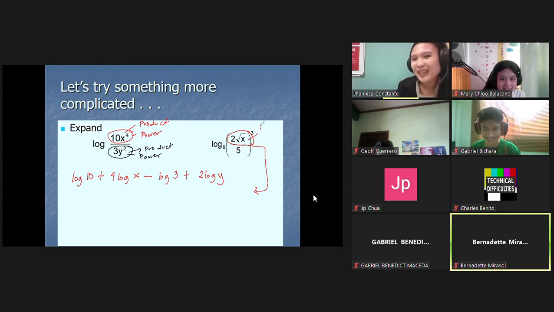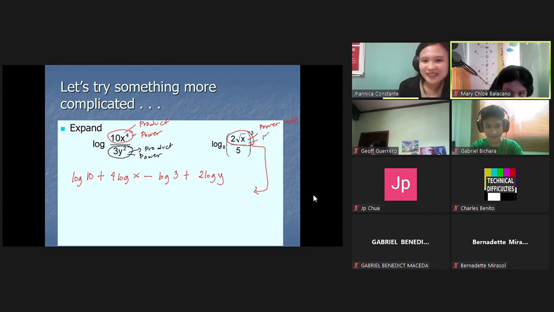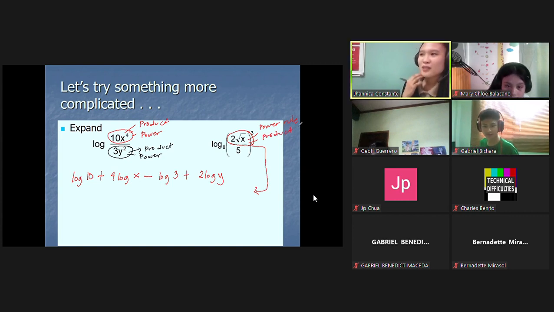Power rule, we have the power rule and the product. So that is the two rules that is being involved for our first argument, 2 the square root of x cubed.